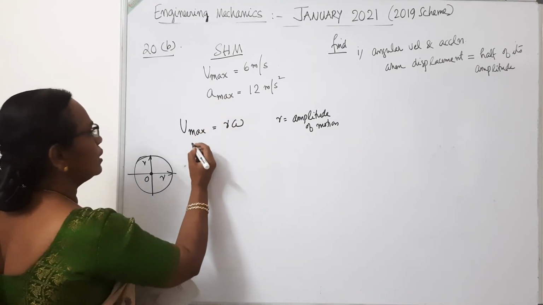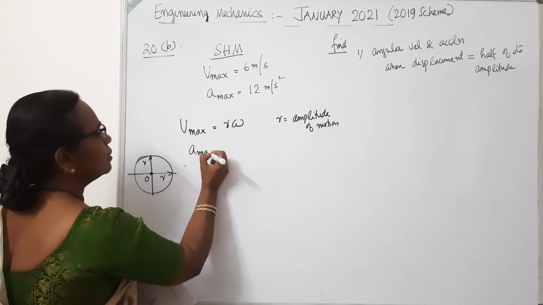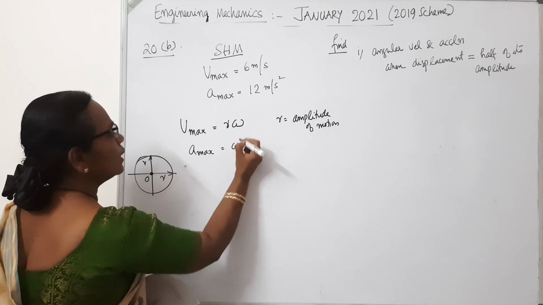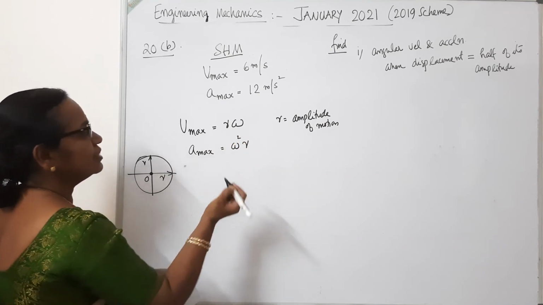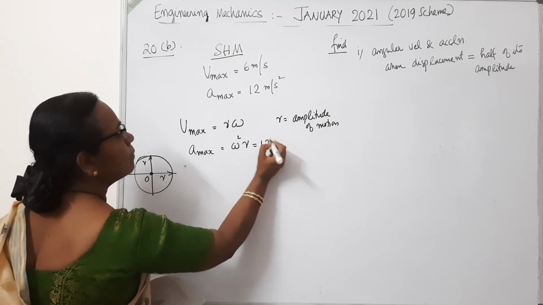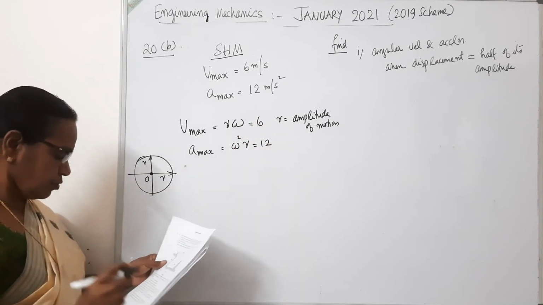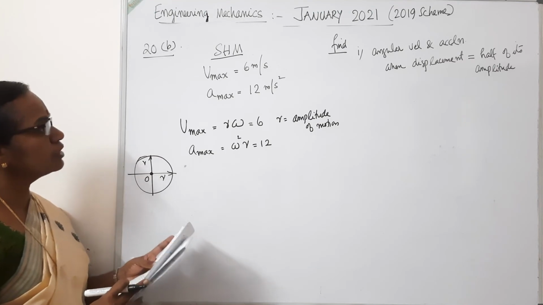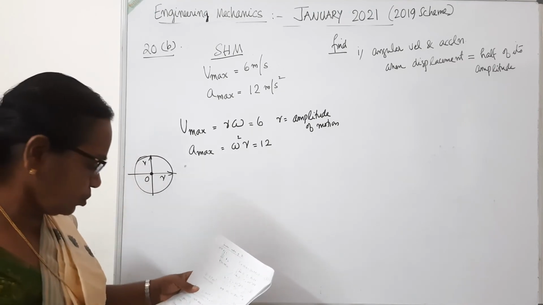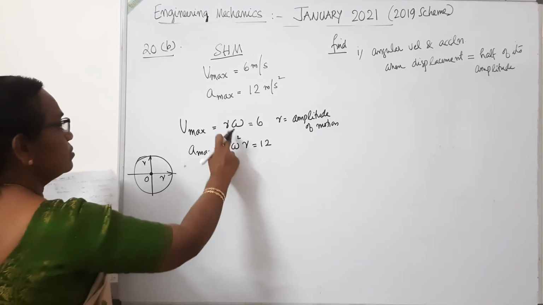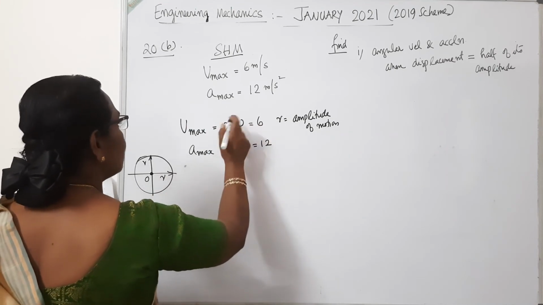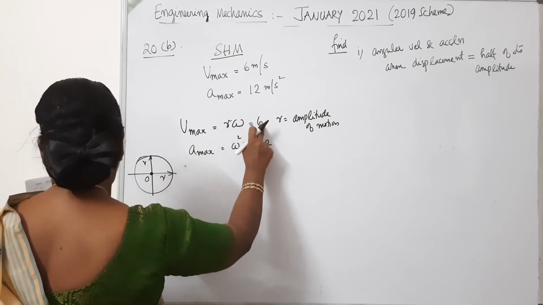Now maximum acceleration, A max, is equal to omega squared r. It is given as 12. Maximum velocity is 6. So from these two equations, see whether we can find out the amplitude. From this, r omega is equal to 6.